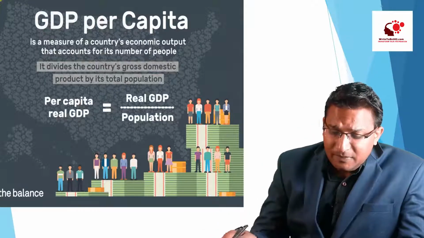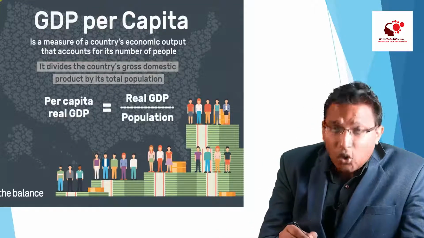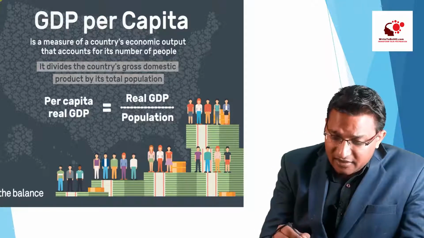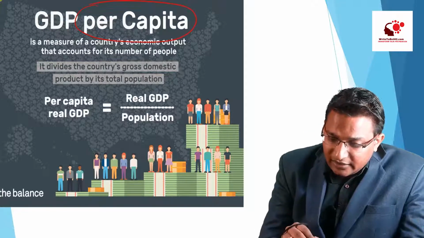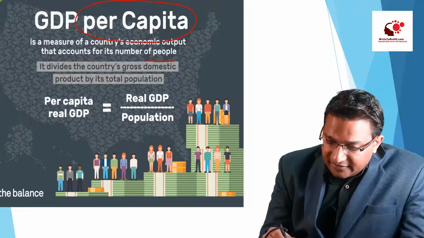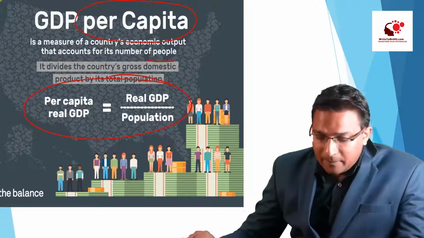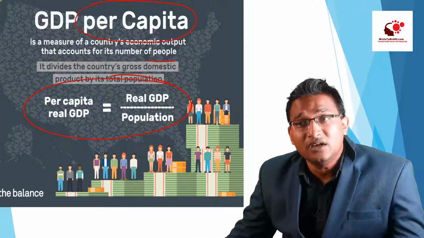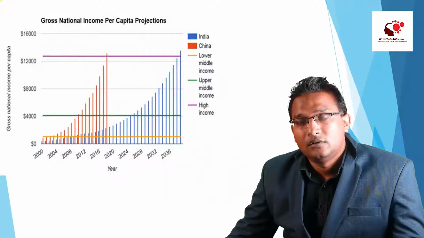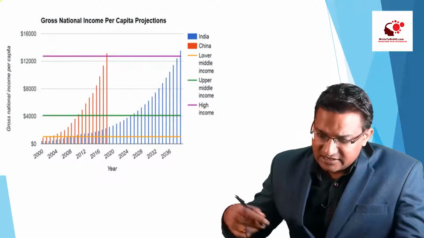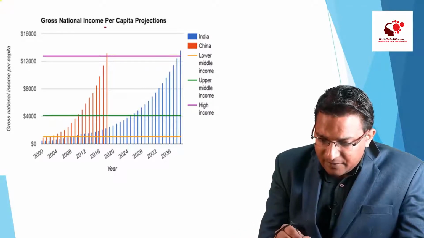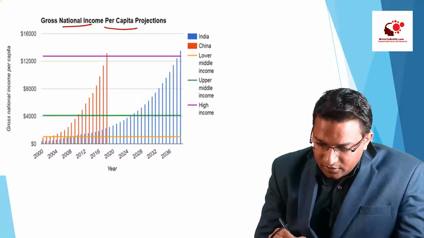Now, GDP per capita, or per capita income, is another terminology we use for the same thing. It is the measure of a country's economic output that accounts for its number of people, and this is how we calculate it: per capita real GDP is equal to real GDP upon the population. This is a small observation. Here we can see the per capita income projection of India.